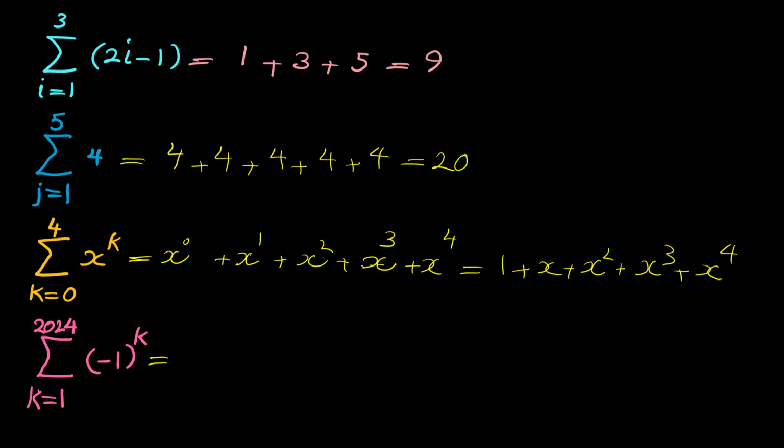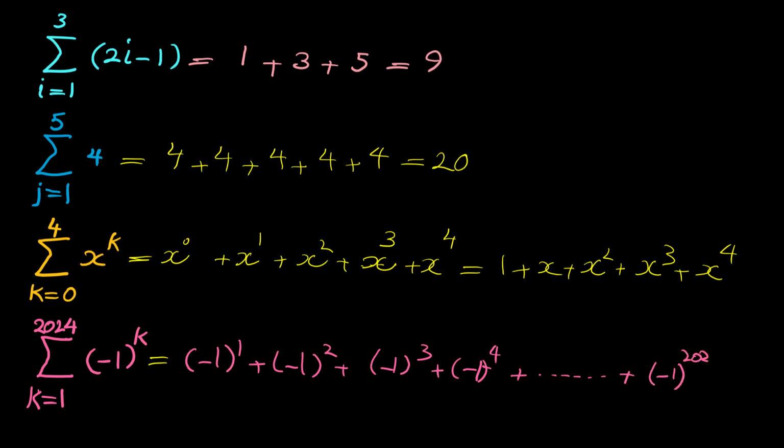If we plug in 1, then we have negative 1 to the 1. Then we have negative 1 to the 2, negative 1 to the 3, negative 1 to the 4, negative 1 to the 5, and so on, and we continue up to negative 1 to the 2023, and the last term is negative 1 to the 2024. Now if you pay attention, negative 1 to the 1 is negative 1. Negative 1 to the power of 2, because the power is even, would be 1.